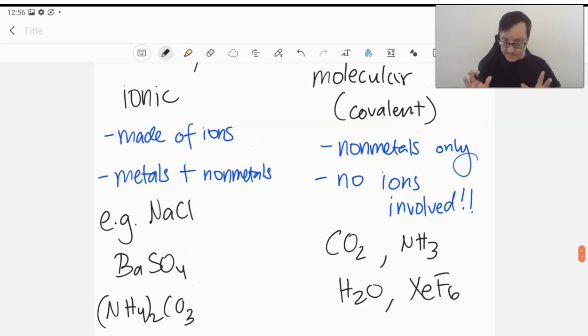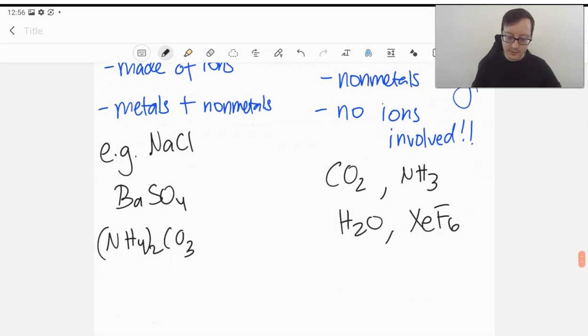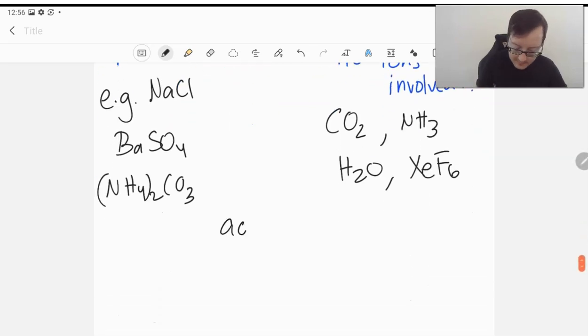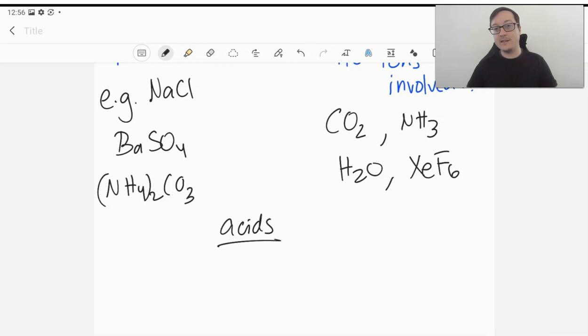In the middle of these classifications are what are called acids. Acids are special in that they have properties different from ionic and covalent compounds. They're not quite ionic, they're not quite covalent, but they're in the middle, and so they're going to have their own category.